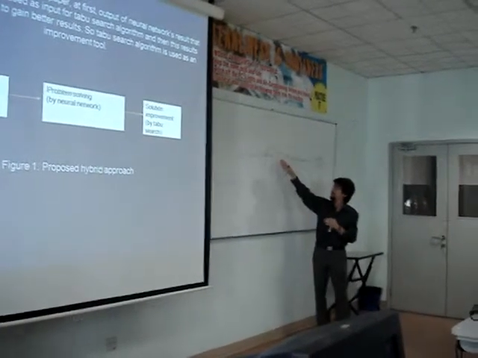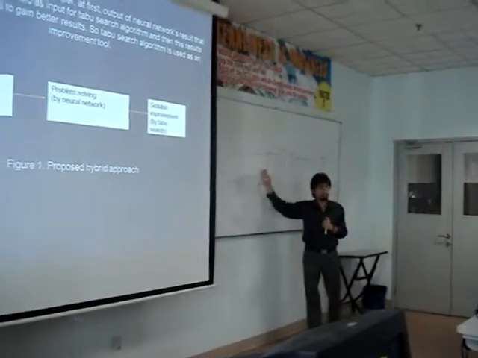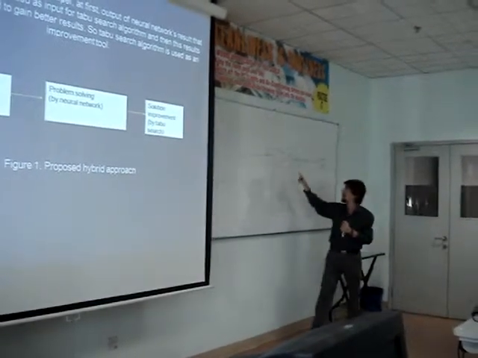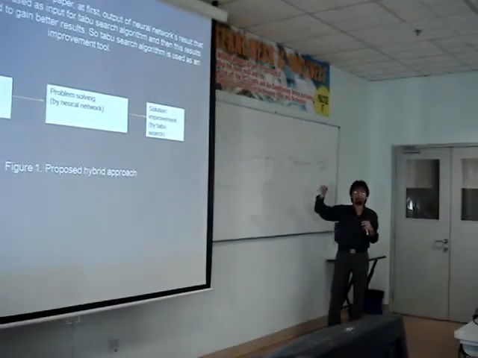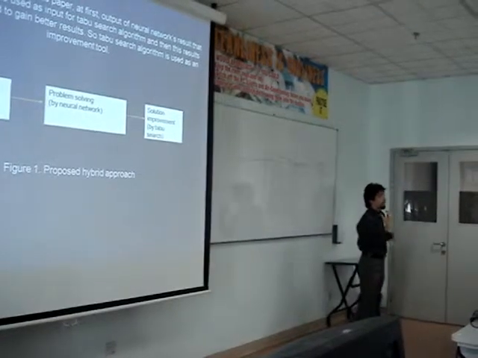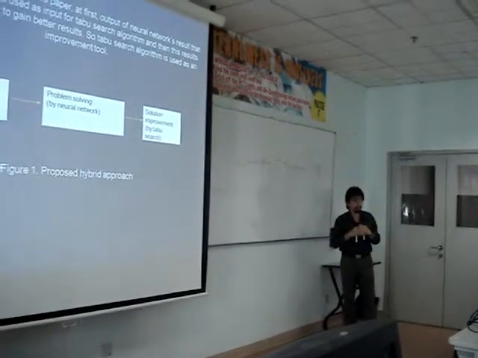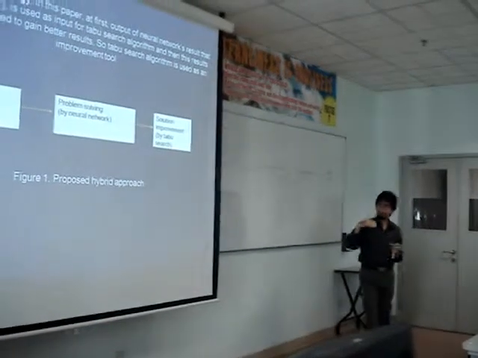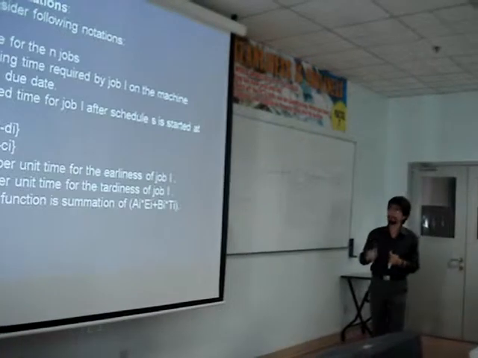After that, we take this output as the input of the tabu search, which is more powerful than the neural network. So the input of this algorithm is very good, and the algorithm is powerful, so we attain a very good answer, I mean a very good output near to our aim, so that at the end of this presentation, we can see the results.